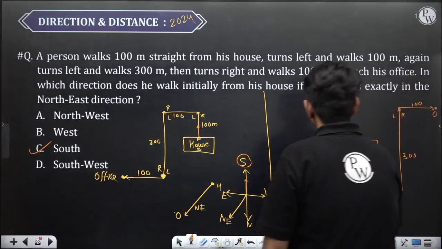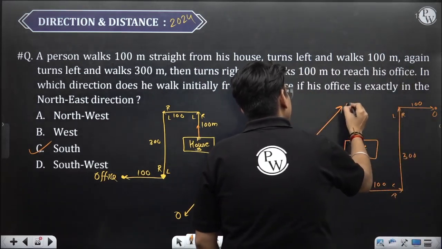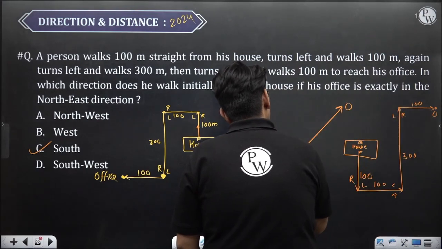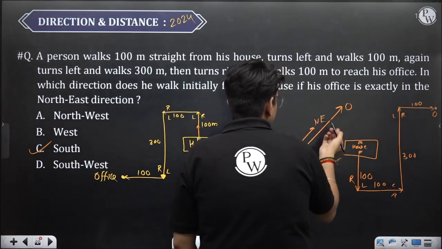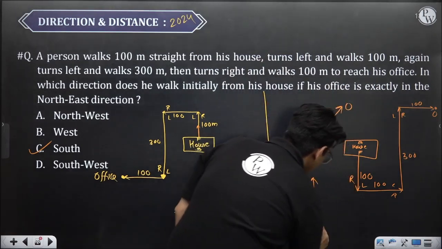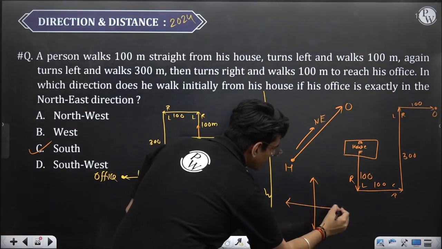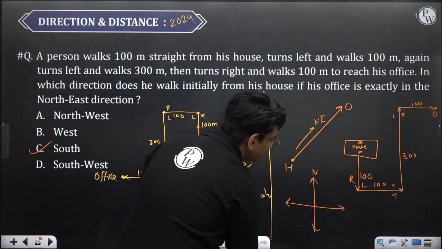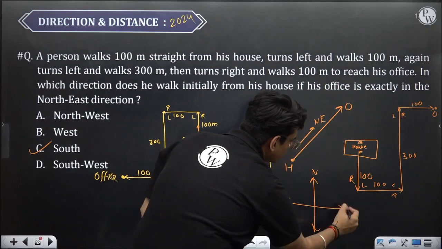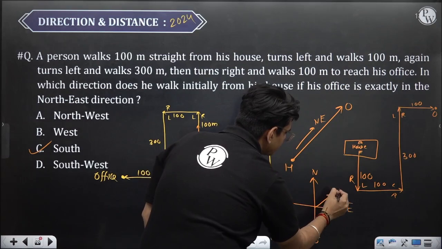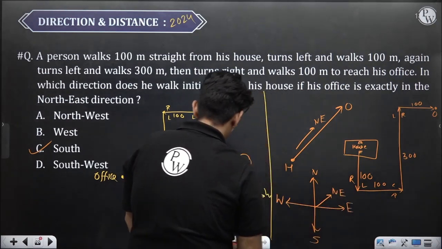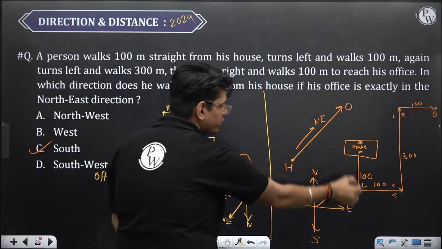Okay, this is house. So in this case, office is here, house is here, and this direction is nothing but northeast. In this case, we can make our main diagram directions as this: north, south, east and west. Okay, this is northeast. So what is the initial direction he moves to?